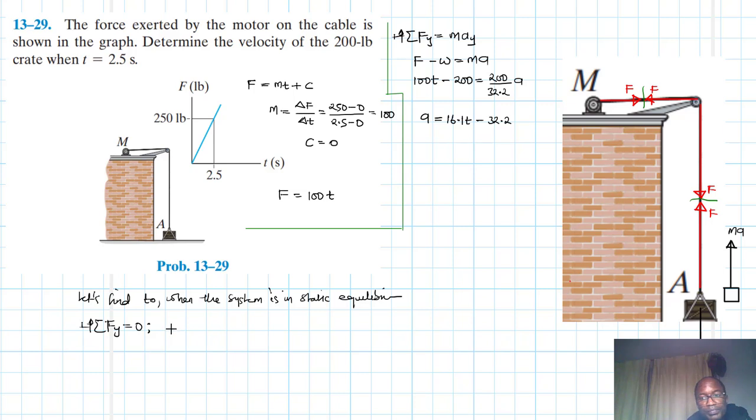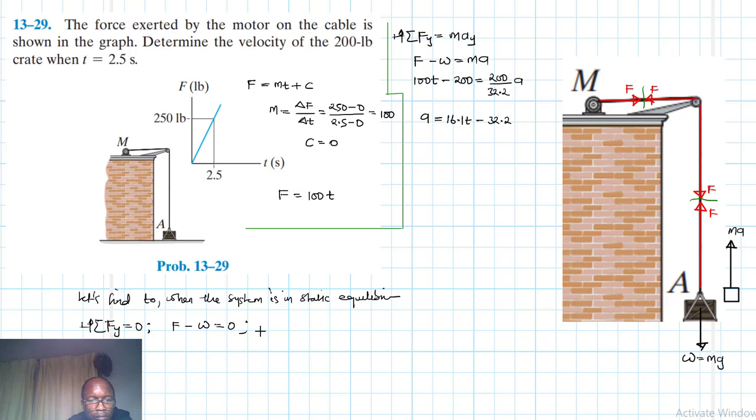So we have F minus W equal to 0, and therefore 100t minus 200 equal to 0, and our t, which is equal to our t naught, is equal to 2 seconds.